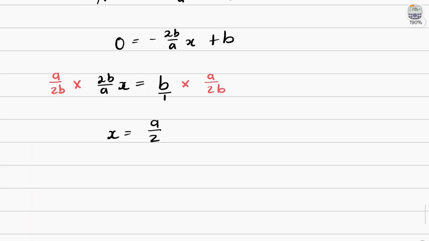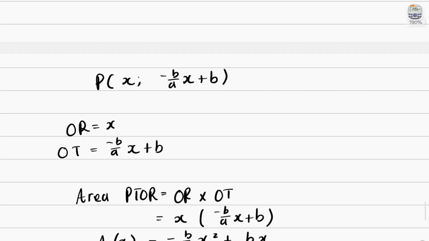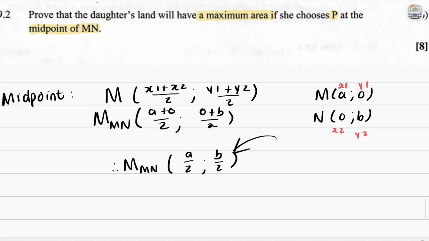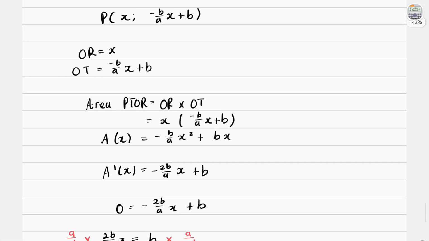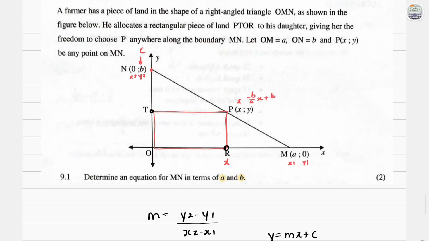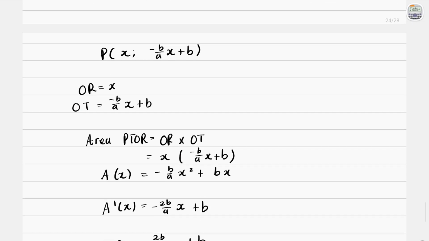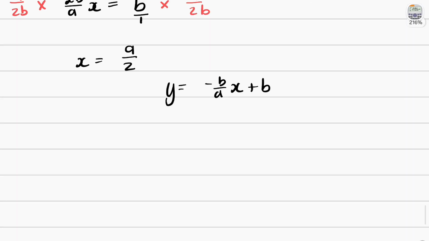And you see how that is the x value of the midpoint that we had. Now just to show that it is that full midpoint, let's go ahead and substitute that x value into our graph MN, seeing that P is an x value of that graph. So if we substitute it into that, it's just going to say y equals this y value. The corresponding y value is equal to negative b over a, and in place of x, a over 2, plus b.